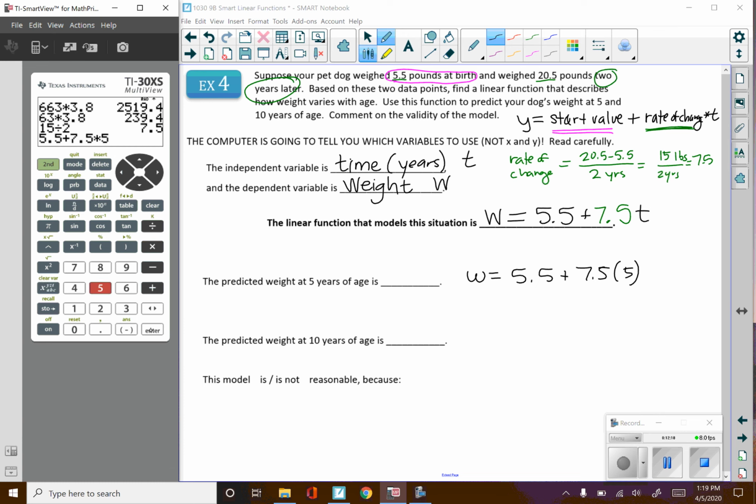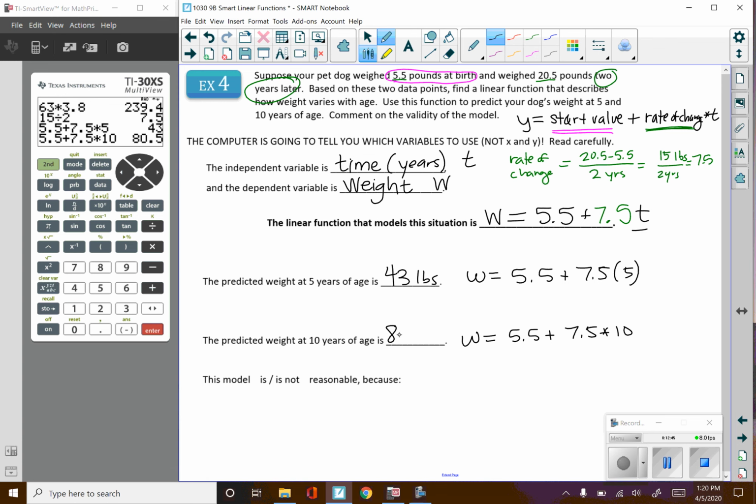So we're just putting in 5 for the number of years. And that would be 43 pounds. And then if we predict the weight at 10 years of age, that would be 5.5 plus 7.5 times 10 years, which is 80.5 pounds.